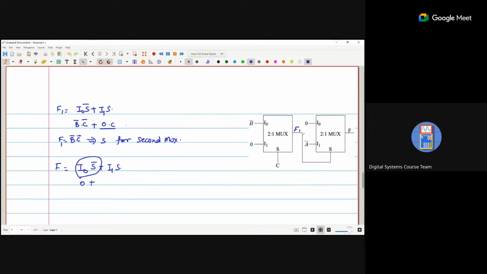I0 is A bar, and S is B bar. So finally F is A bar B bar C bar. Clear? Any doubt?